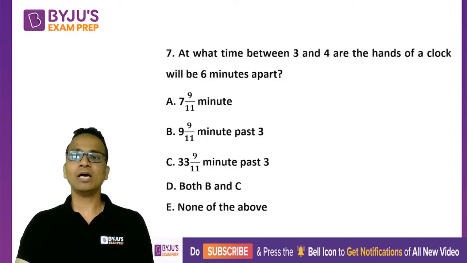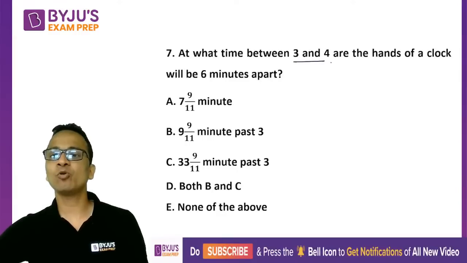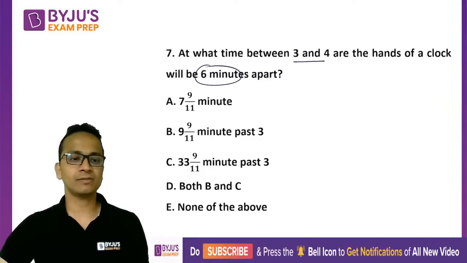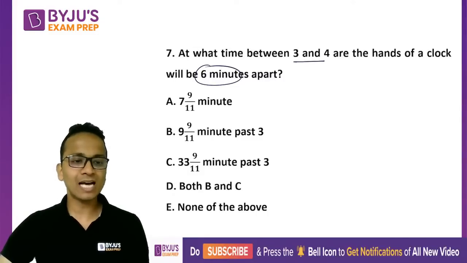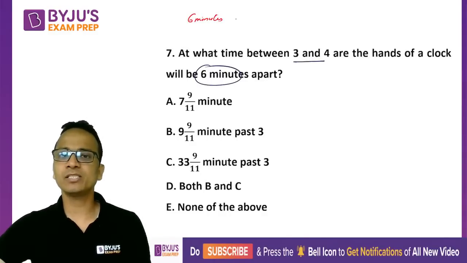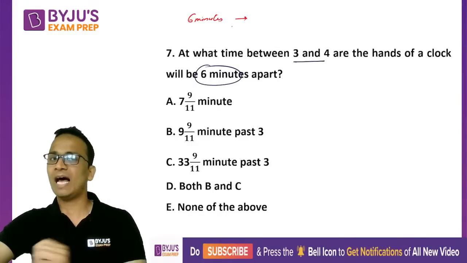All right, now let's have a look at this one. At what time between 3 and 4 o'clock will the hands of the clock be 6 minutes apart? Now this is a little tricky to start with. 6 minutes apart: first of all, convert it in terms of angle.